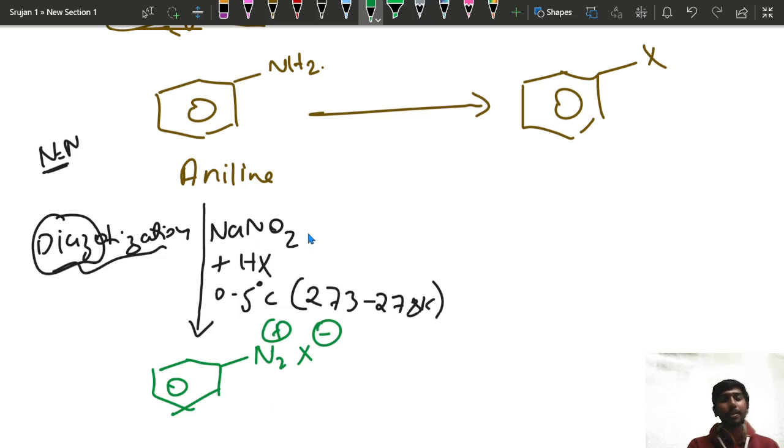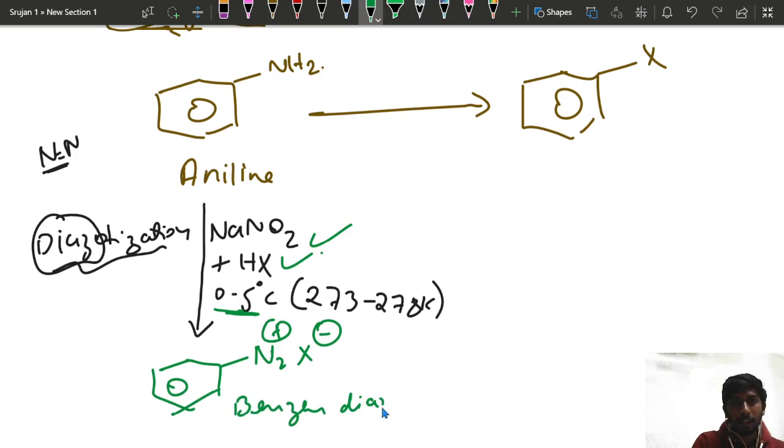When you treat NaNO2 and a hydrogen halide at 0 to 5 degrees Celsius, it is converted into benzene diazonium halide.